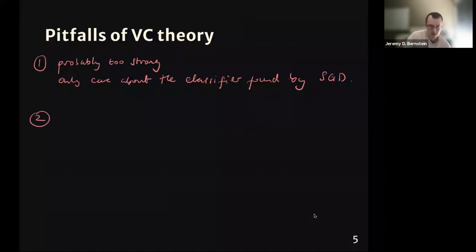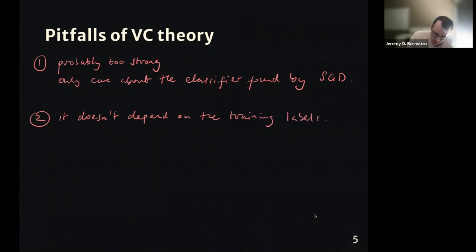Another thing, I think someone pointed out last lecture, is that it doesn't depend on the complexity of the training labels. It doesn't depend on the training labels at all. But you could imagine that some labelings of our training data might be much harder to learn than others, and it's blind to that. And that was the third drawback.